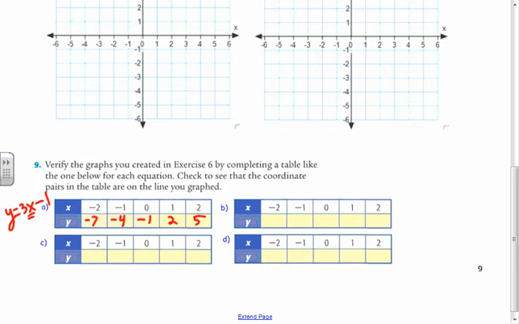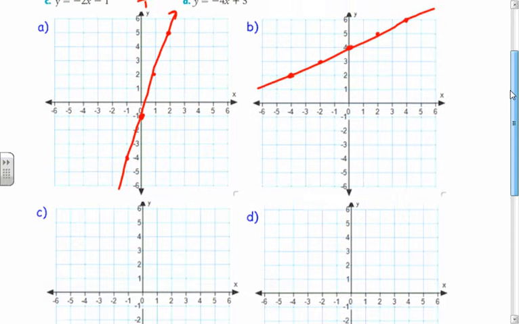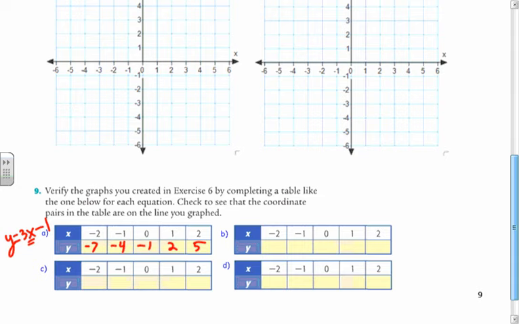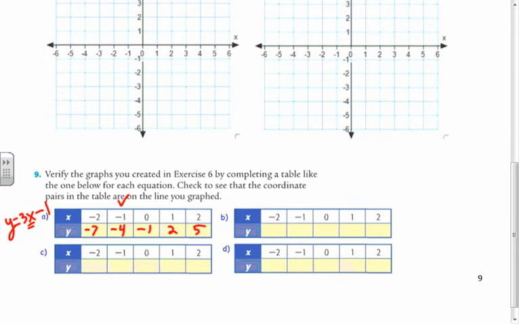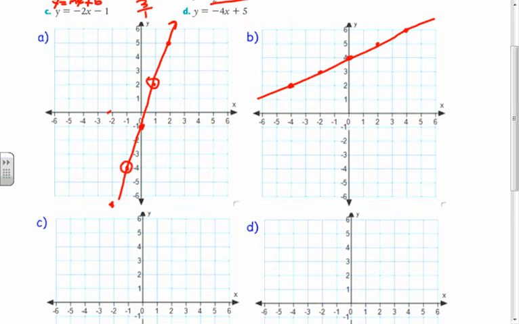Then let's verify that those points, like (-2, -7), are on that first graph. So (-2, -7) would be right here. It seems like it would be the next point on there. (-1, -4) checks with this one. (0, -1) was my y-intercept. (1, 2) is this one. And (2, 5) is this one. So it seems like I graphed the right points for that equation.